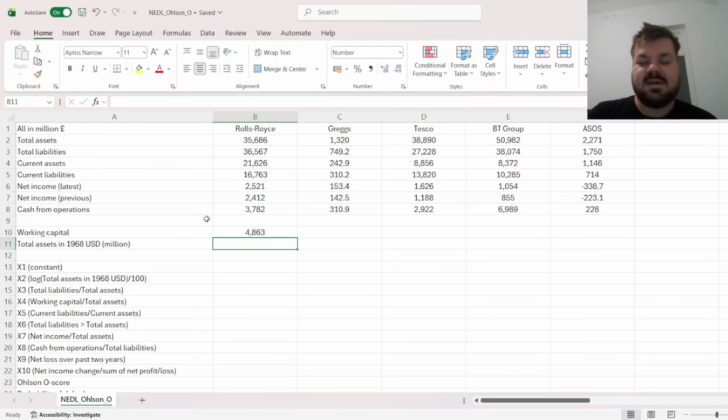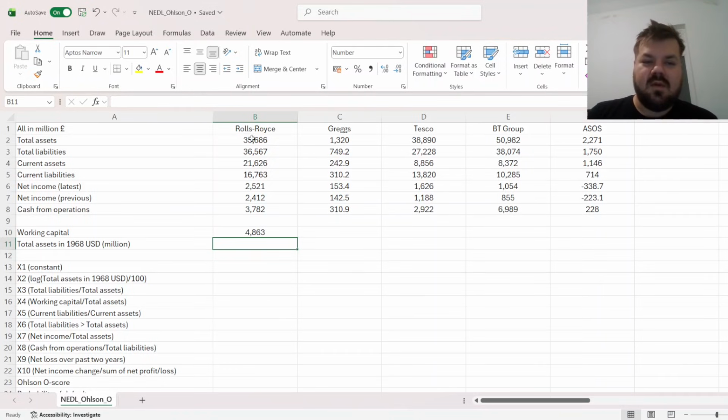Again, this is to evaluate company's size, and obviously as time goes on, the value of any currency typically erodes, and to make it usable for the model that Ohlson estimated, for the coefficients that were included into his model, we need to convert total assets of a company, measure of size, into 1968 dollars.